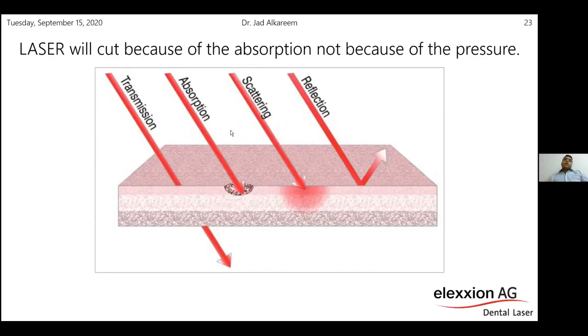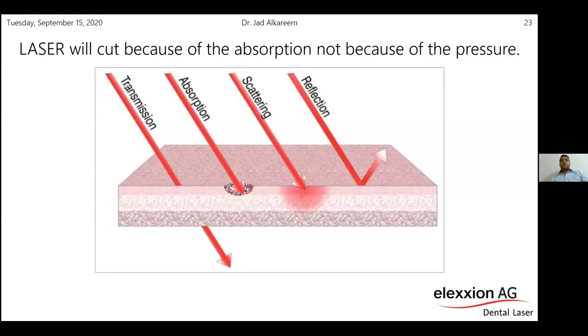And number 3, the absorption, which means we are using the correct wavelength with the correct tissue, and both of them are matching, then you will have a good absorption into your tissue. It doesn't matter whether your tissue is hard or soft, but right now we are just discussing the wavelength and the tissue. Then the last reaction is the transmission.